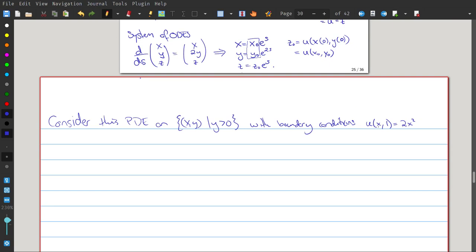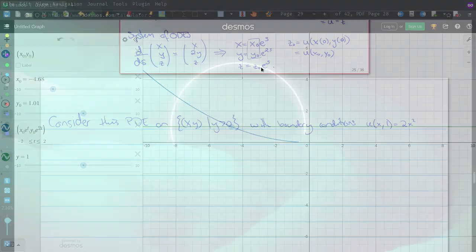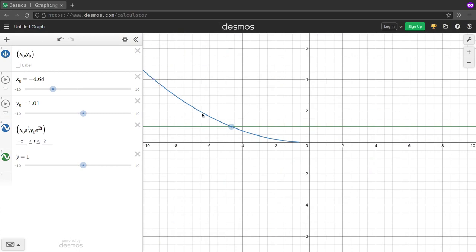If we know the value of the function u on this green line, then by solving this ODE, z, which is the values of u considered as a function of s, is equal to the initial value times e to the s, where s is the parameter along that curve. So we can also describe the value of u anywhere along this blue curve once we know the value at the dot. And we know the value at the dot everywhere on this green line.